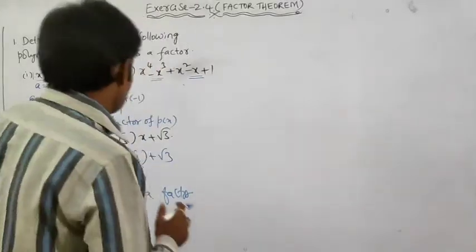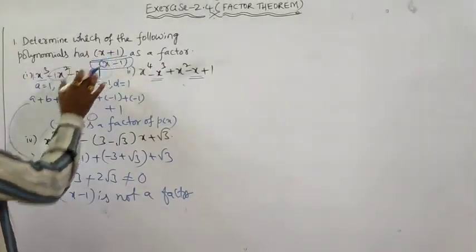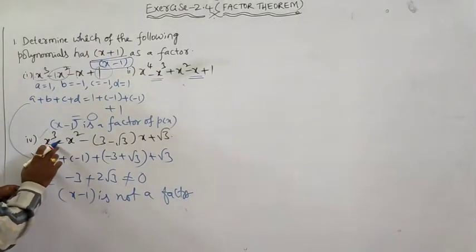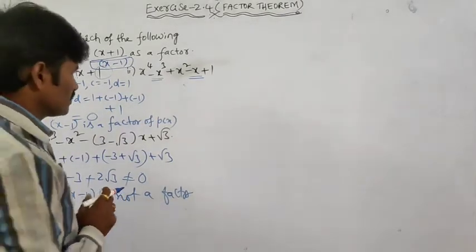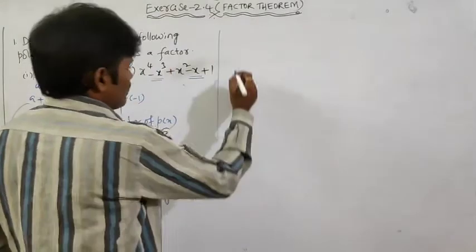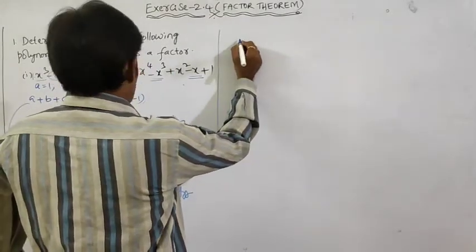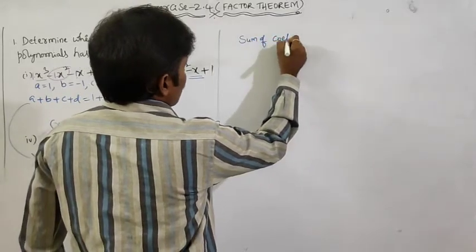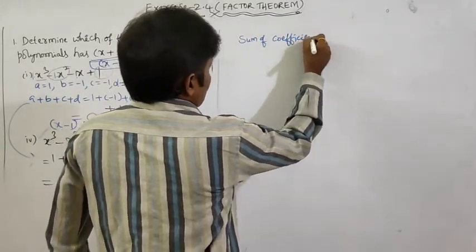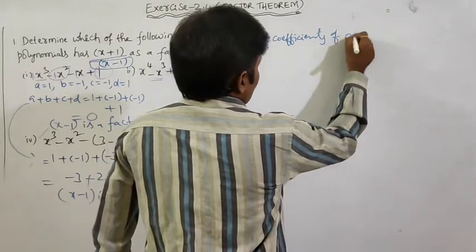And now we will check whether x plus 1 is a factor or not for the given polynomial x cube minus x square minus of 3 minus root 3 into x plus root 3. What is our first step? We have to find the sum of the coefficients of odd power terms.